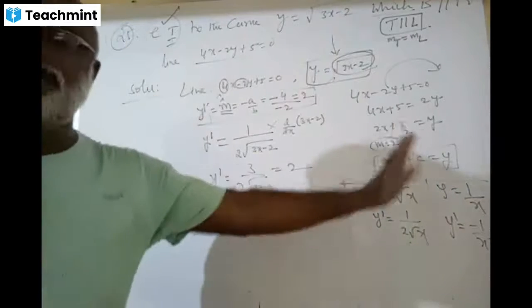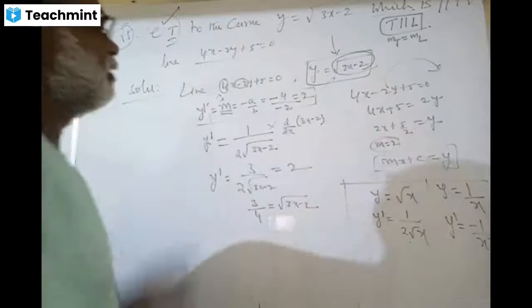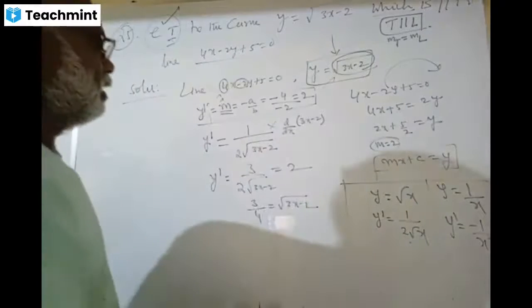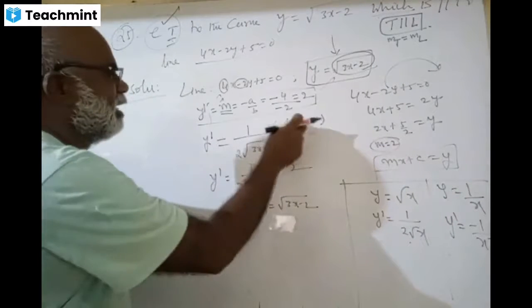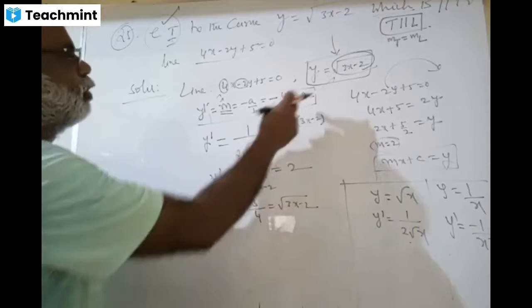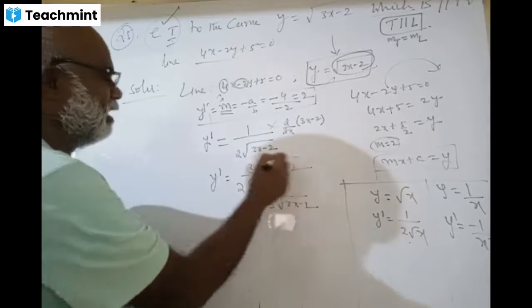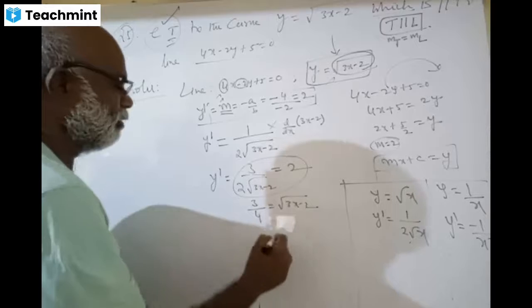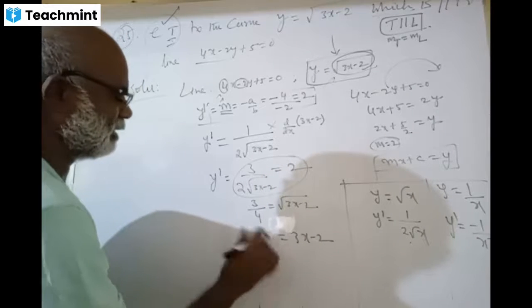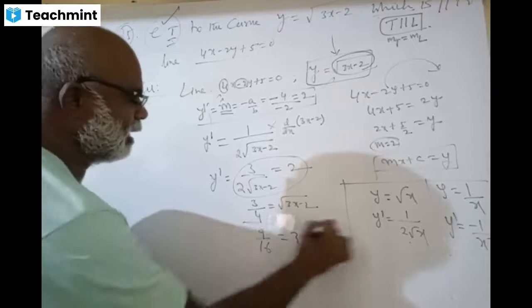So 3 into 1 is 3. Y dash is 3 by 2 root of 3x minus 2, but slope is 2. Therefore, equating, 3x minus 2 equals 9/16. Square both sides.